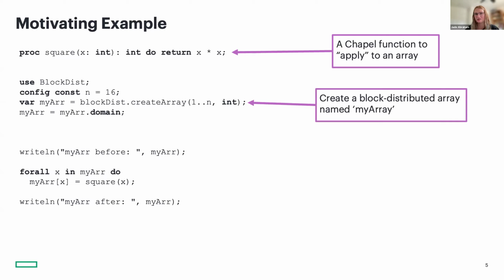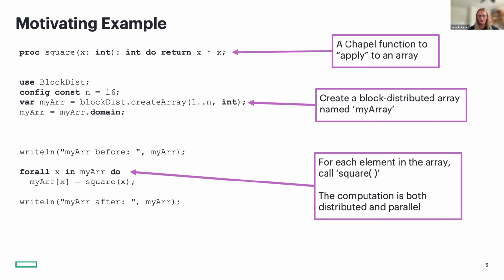It only has 16 elements, but it's distributed across however many locales I happen to run this program on. Then for each element in the array, I will call square, and square will be called on the proper locale in a distributed and parallel fashion, using multiple cores and multiple nodes. This is great. If you've written Chapel code, this probably makes awesome sense to you.